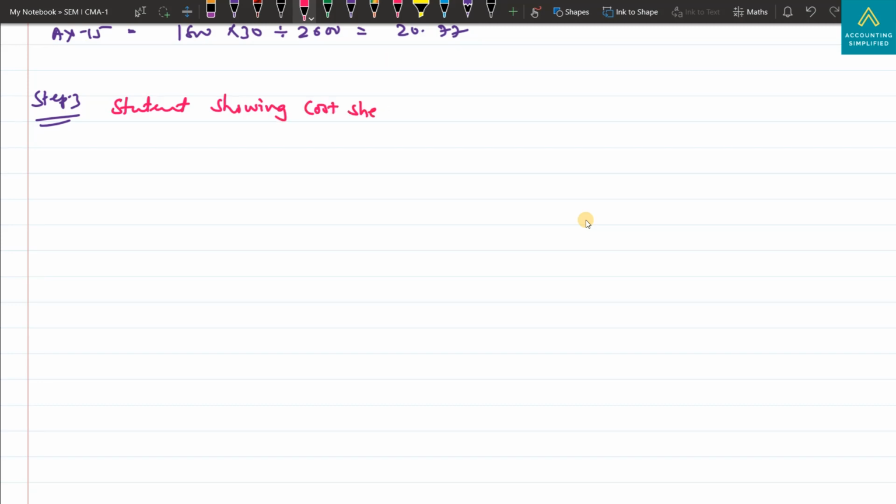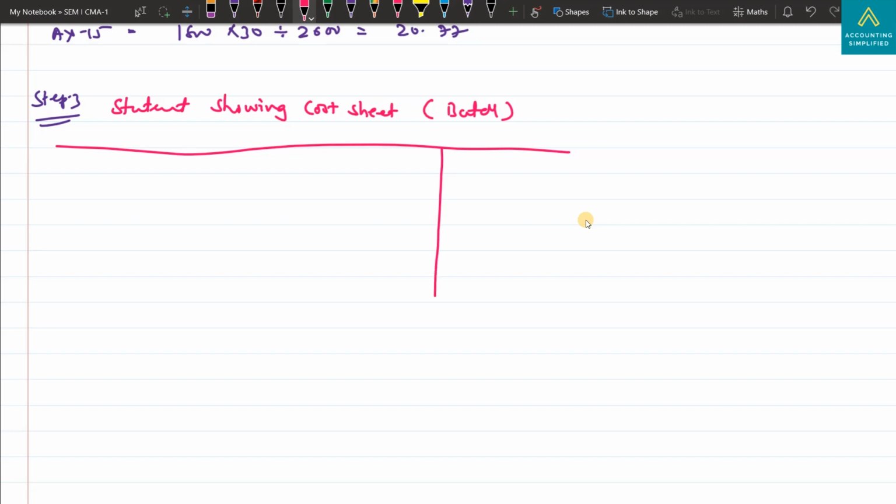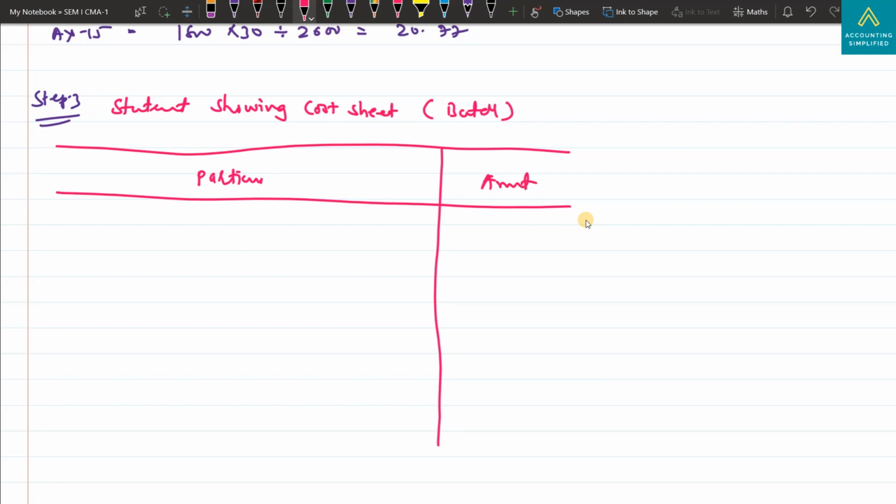So step number 3 is a statement showing cost sheet, cost of the complete batch. Write down particulars and amount.